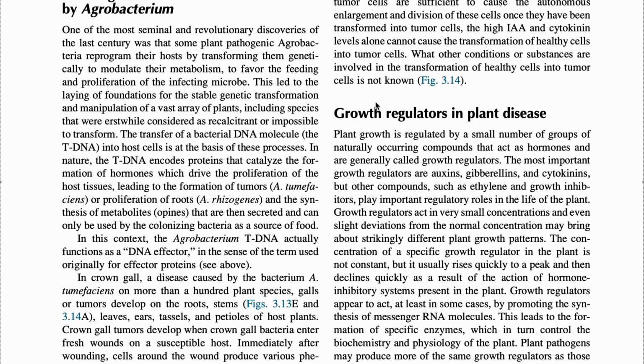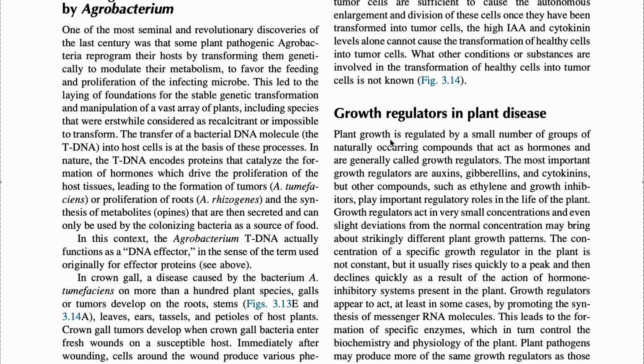Next, growth regulators in plant disease. Now there are various growth regulators we have heard of, which are auxins, gibberellins, cytokinins, and ethylene. They are all responsible for causing diseases, or they help the pathogen. So what they do, we will see.